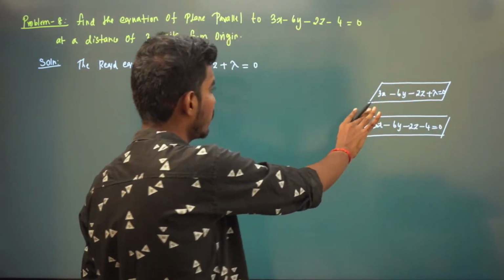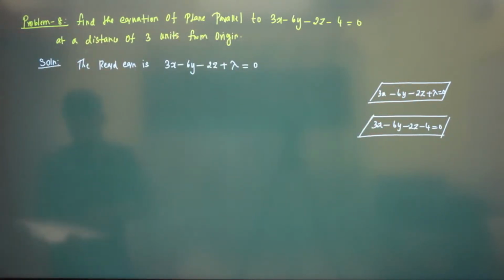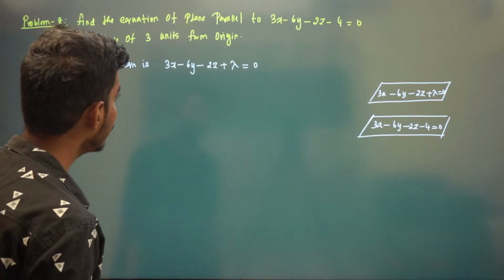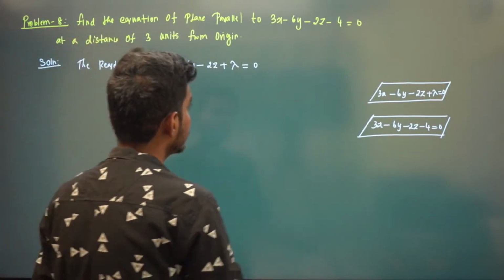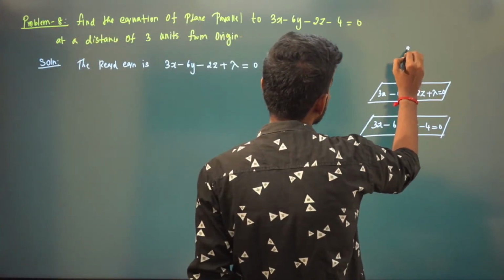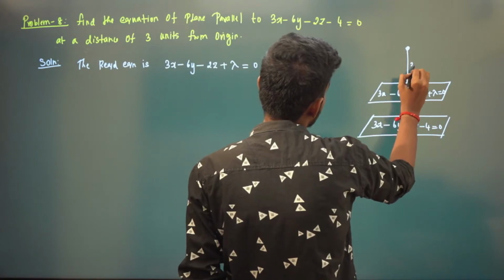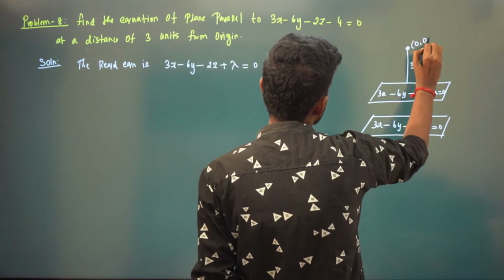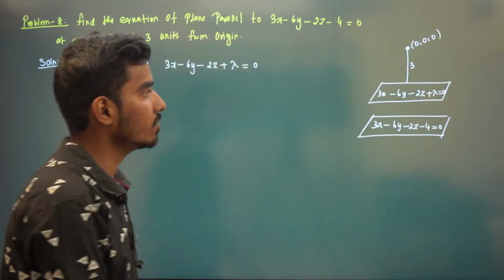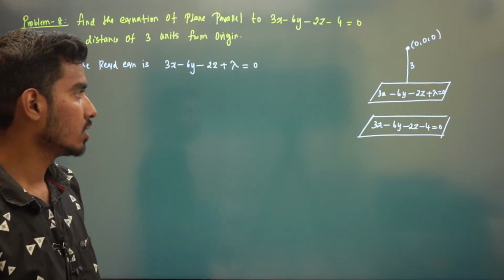We need to find an equation of plane that is parallel to that plane and at a distance of 3 units from the origin. They have given this just to find the value of lambda.